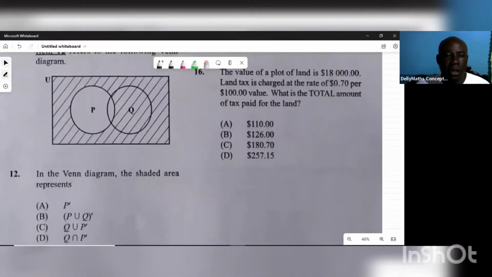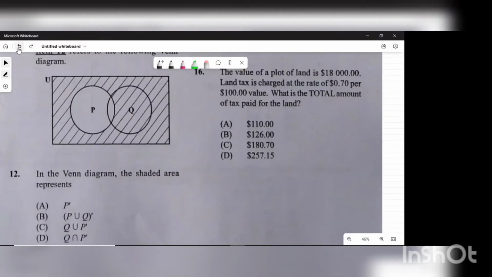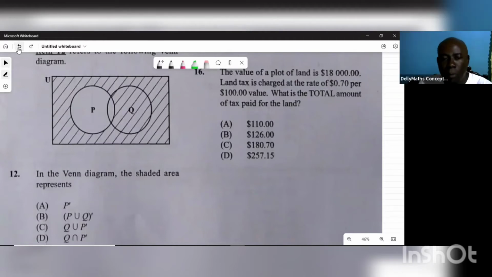Now, I'll just use this as a teachable moment. In the world of sets, when they start to shade, there are a number of things I would say to you. When you see the little comma thing you're seeing here, it stands for complement. For example, if two of you are best friends, it is said that you are your friend's complement. You can't complement yourself, and your friend is your complement.